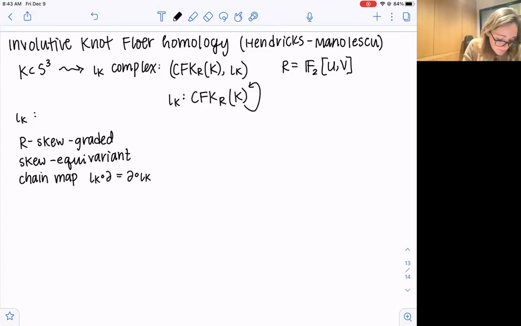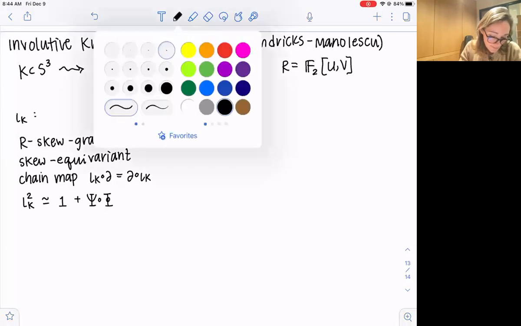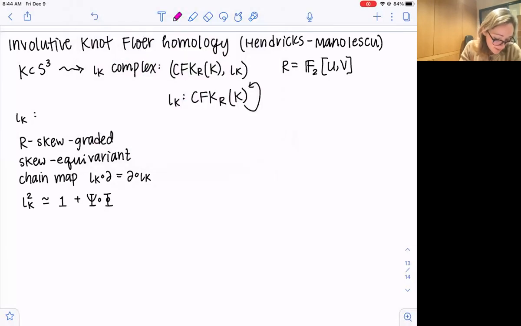And finally, like I said, it's actually not an involution on the nose, but instead satisfies the following condition: iota K squares to something homotopy equivalent to the identity plus a composition of two formal derivatives. For any experts in the audience, this is a map that was originally studied by Sarkar.